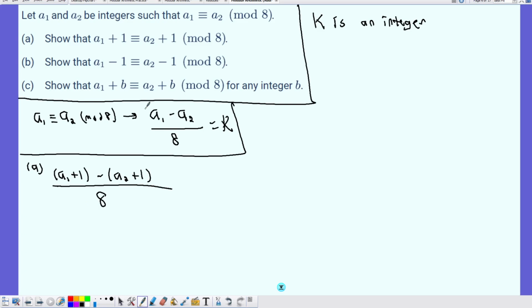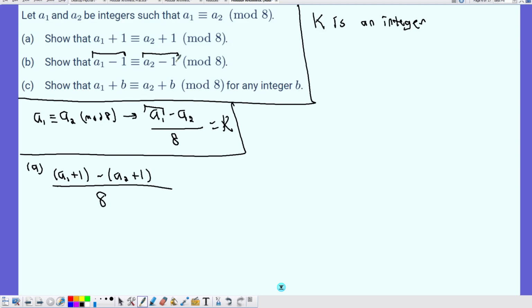Notice it's the same setup we have here, right? a1 minus a2. But now I have a1 plus 1 and a2 plus 1. And I want to find a difference between them, because if I show that that difference is equal to an integer, then that proves that they are congruent under modulo 8.